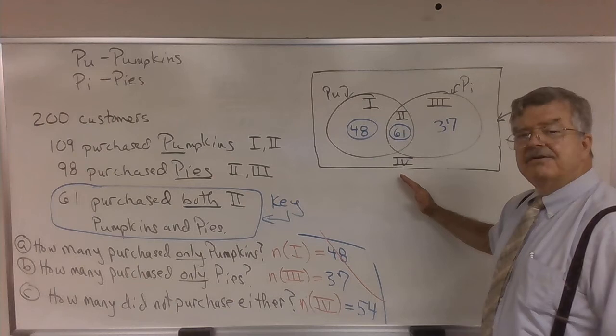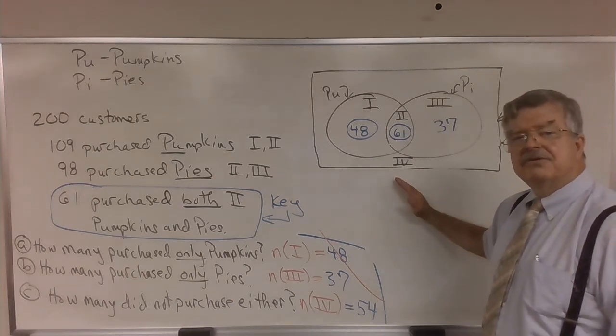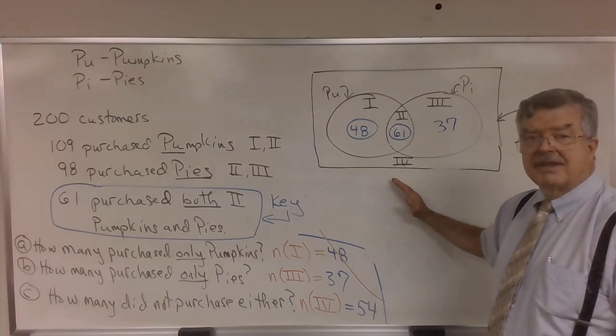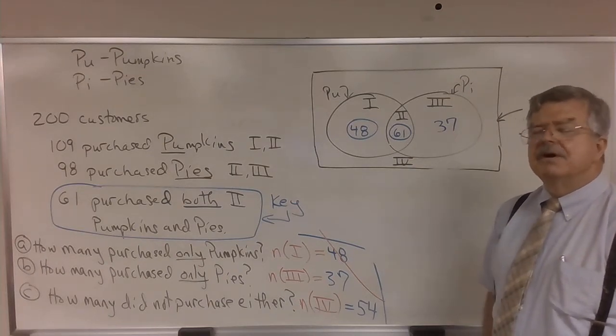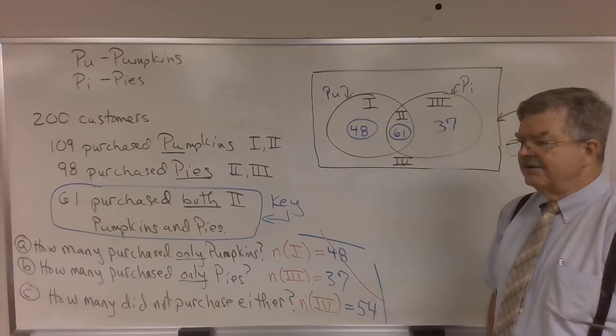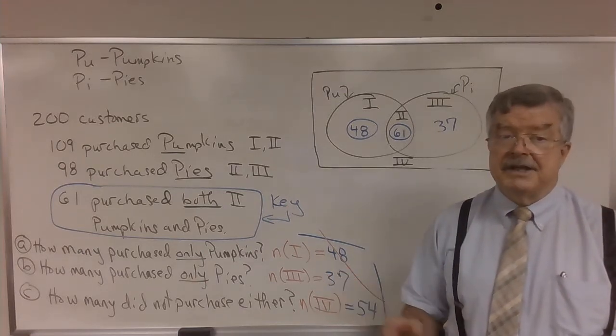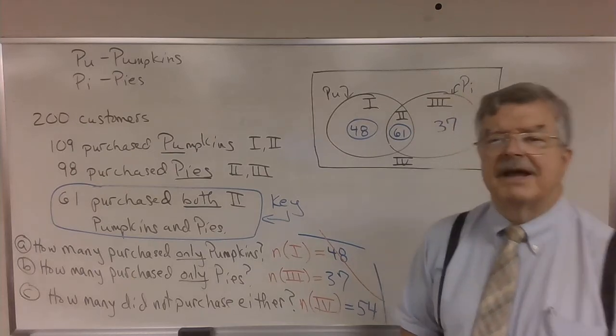So drawing a good Venn diagram was crucial to doing this exercise. So we've done one Venn diagram exercise. Maybe we'll do one now with 3 groups of people or 3 sets.